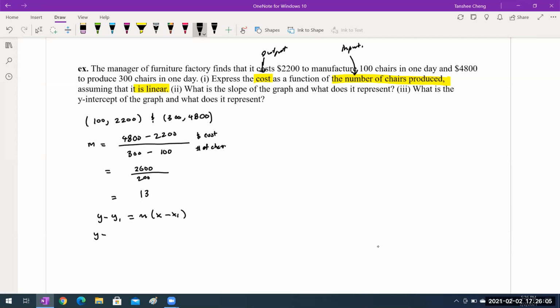This time I'm going to use the first point: y minus 2200 equals 13 times x minus 100. So that gives me y minus 2200 is equal to 13x minus 1300. Adding 2200 to both sides, that will be y is equal to 13x plus, in this case, 900.